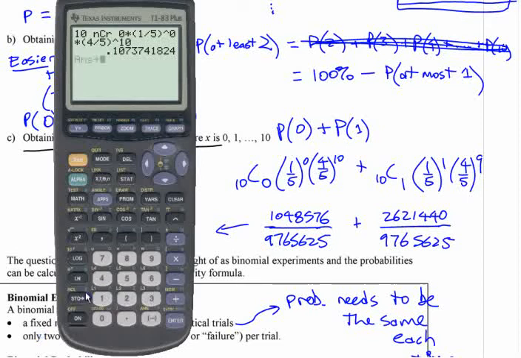I'm going to store that as A. And then if you do the same thing now, you can go back and say, now I want this to be to the 9th, this one to be to the 1st, and then this one to be choosing 1, right? Isn't that my second calculation?